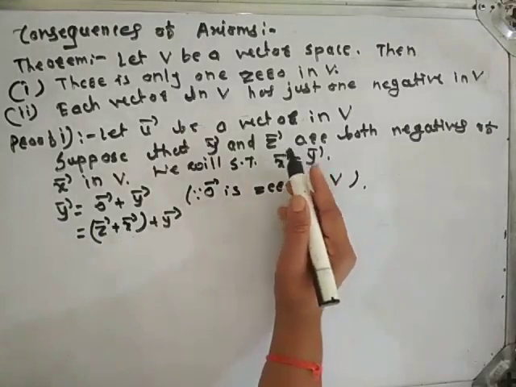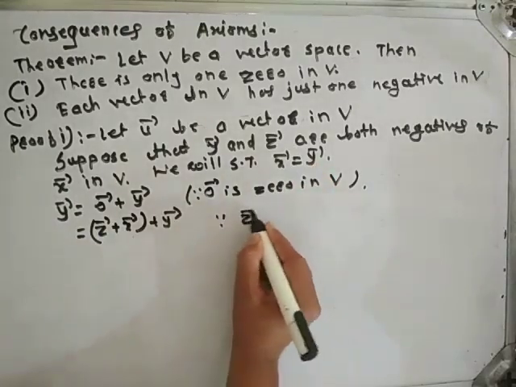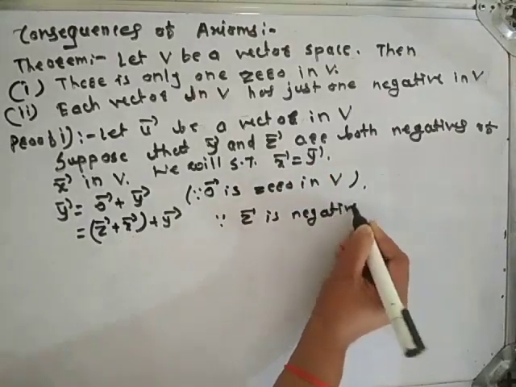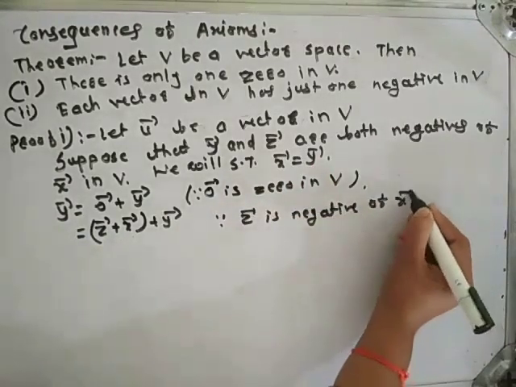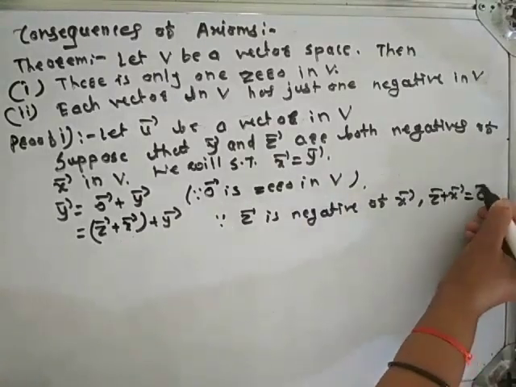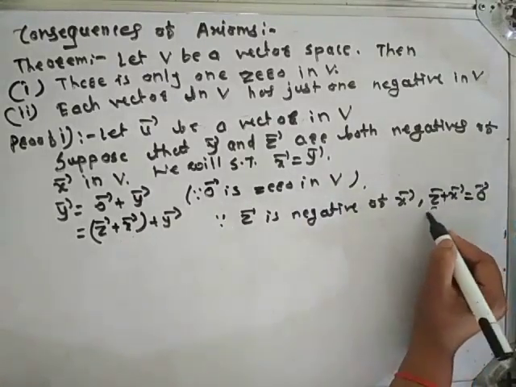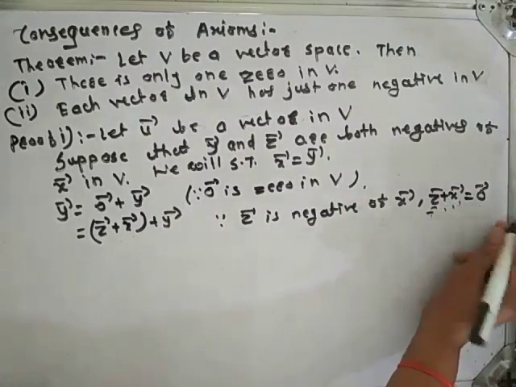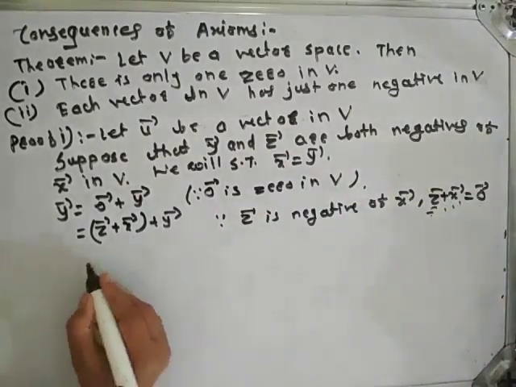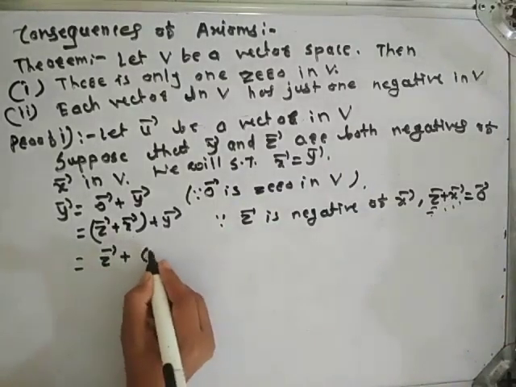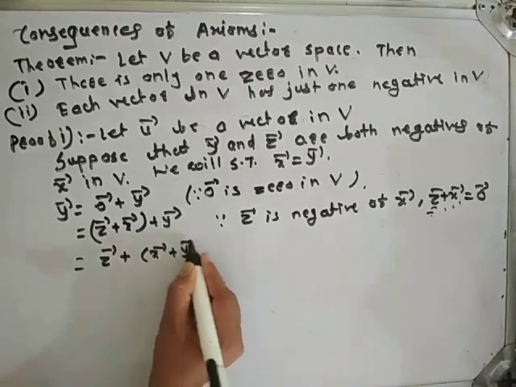Why is this? Because Z bar is the negative of X bar. Means Z bar plus X bar is equal to 0 bar. Here Z bar is a negative of X bar, that's why we get Z bar plus X bar equal to 0 bar.